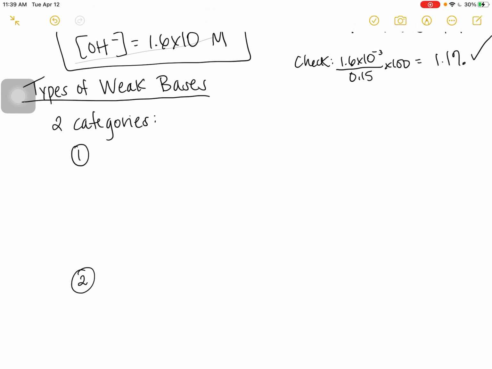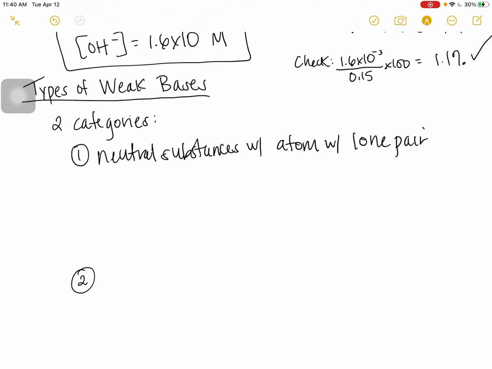Okay. So the second kind of discussion in this video is, how do we recognize a weak base? We've already said that a weak base must have a lone pair, but more so than that, what else is there? So that's the first broad category: weak bases can be neutral substances with an atom with a lone pair to accept the H plus.